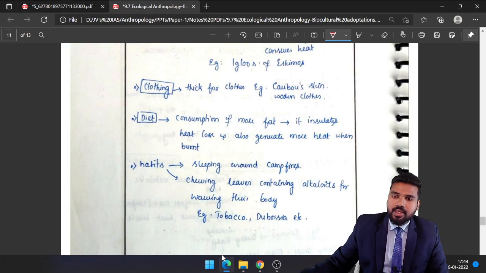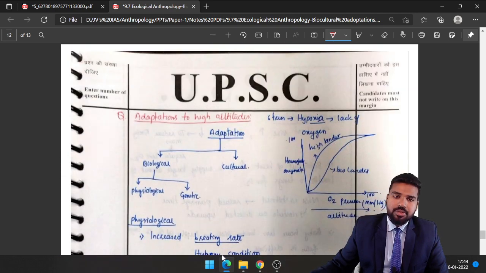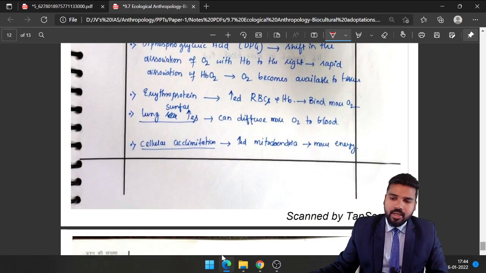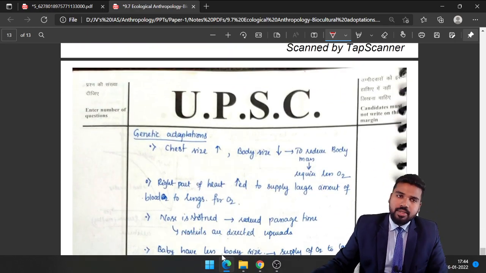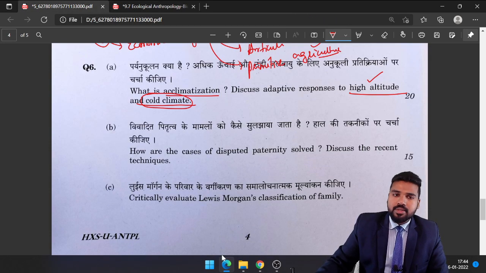Immediately after cold climate, we have discussed adaptations to high altitudes as well. Okay, and what kind of adaptations, biologically, physiologically and culturally, we have discussed in our class, right? So let us go to the next question. Pretty straightforward question, we can easily approach it, previous year questions पे आया है.